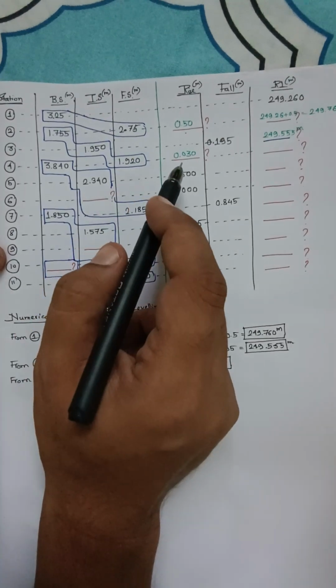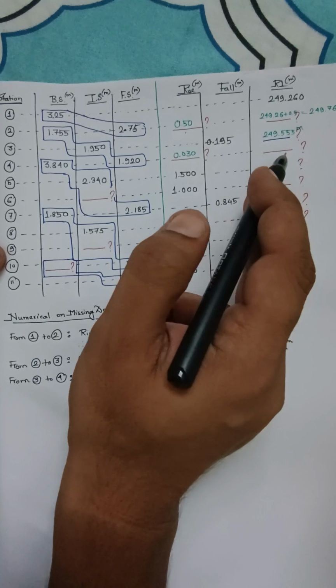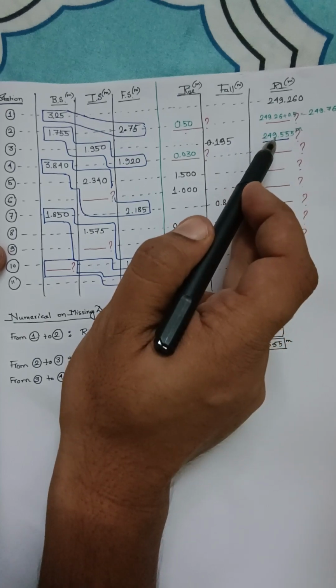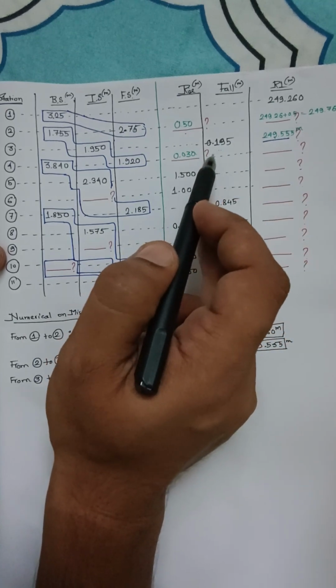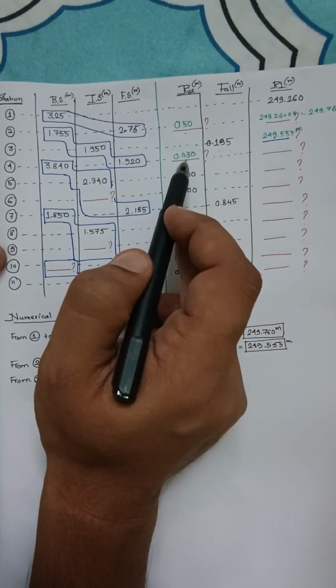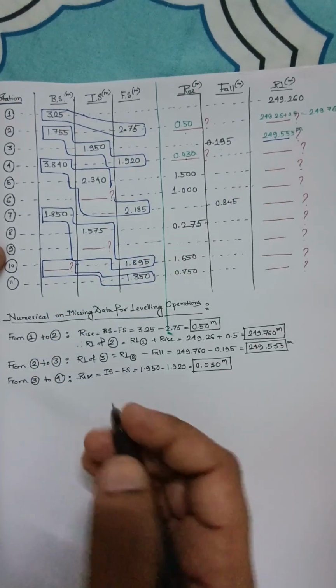Rise has been sorted. As per the rise, we will get the RL also. Like I always told, the previous RL plus or minus this one, whichever is available, will be equal to this. Since it is rise, we will add it.